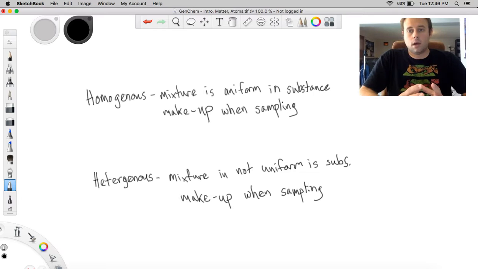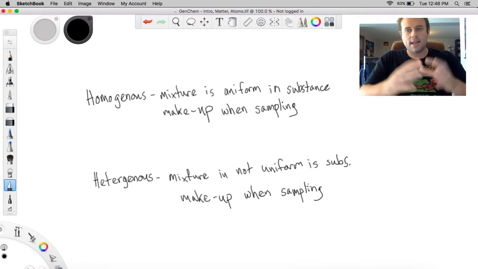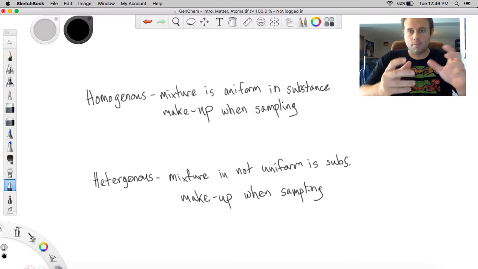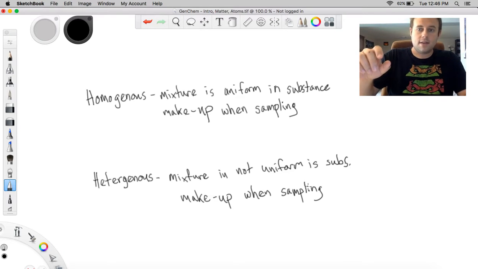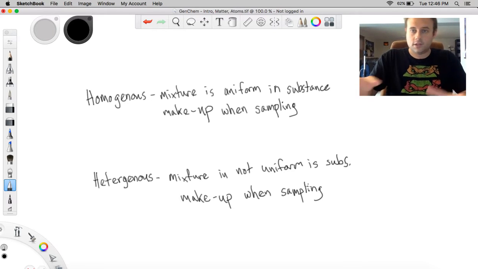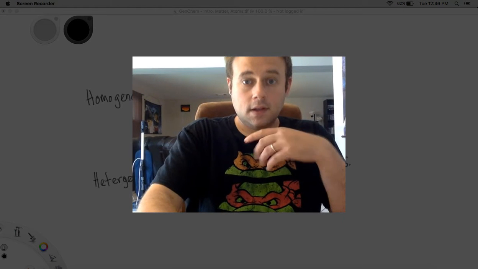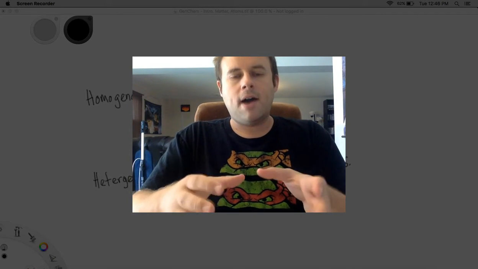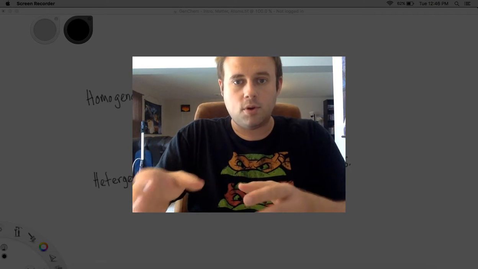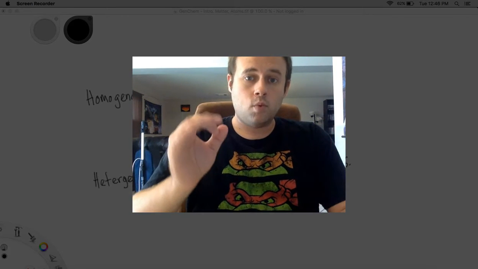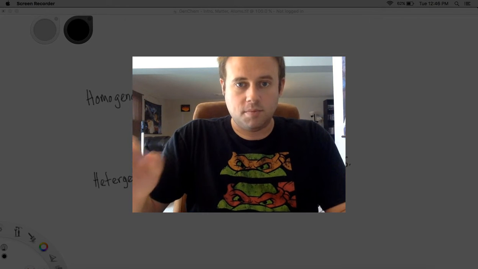A homogeneous mixture means that if I have a container with a sample of some sort of mixture and I take five different samples, or any number more than one, and line up all five in front of myself, and I could somehow analyze the material makeup in each sample, then if the original mixture was homogeneous, every single sample should be identical, provided that I'm pulling from the same container.